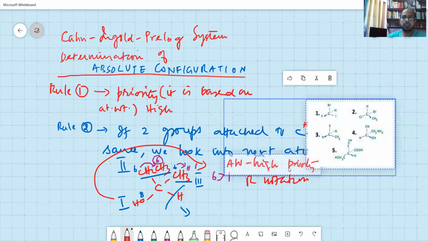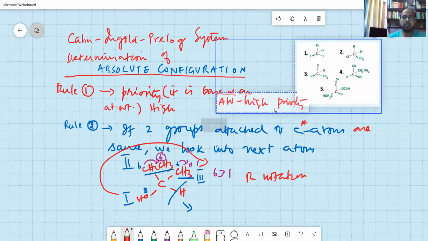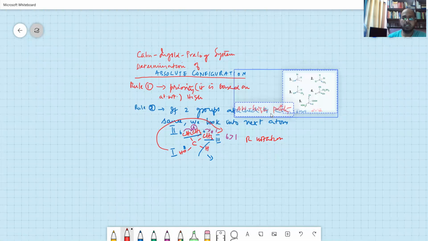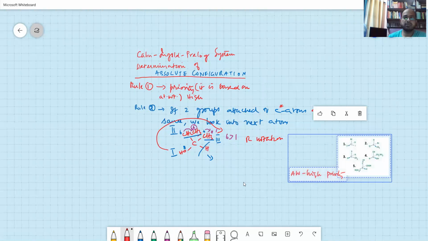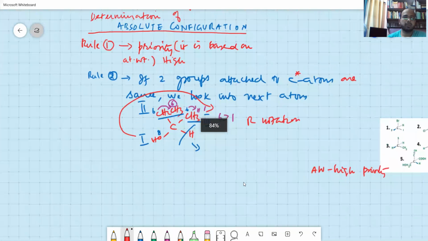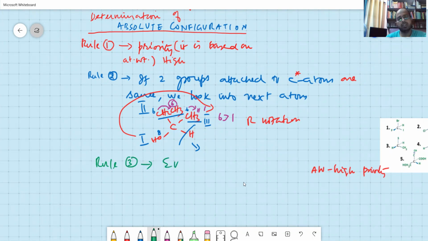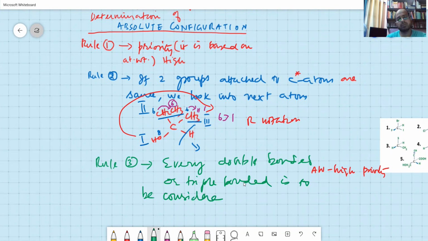Okay. So the next is rule 3. Rule 3 suggests that every double bonded atom or triple bonded atom is to be considered as next to the C atom.